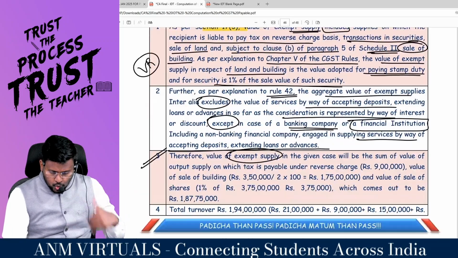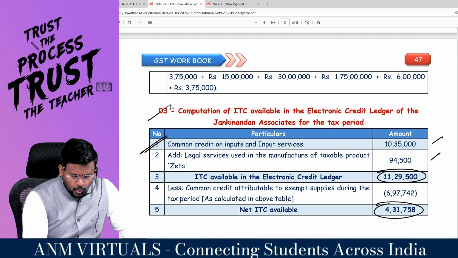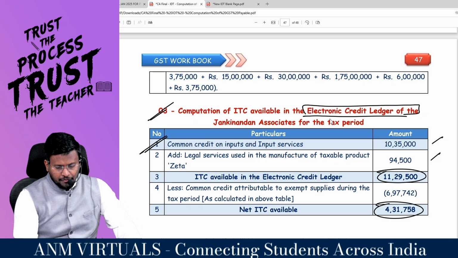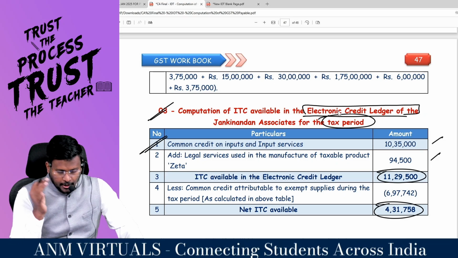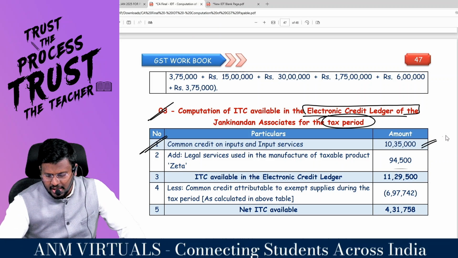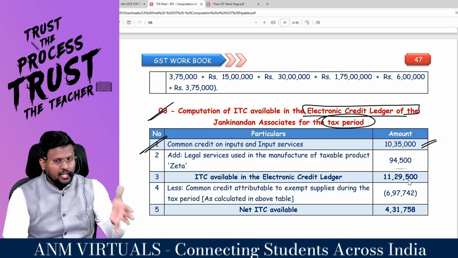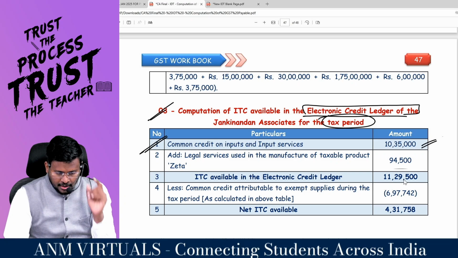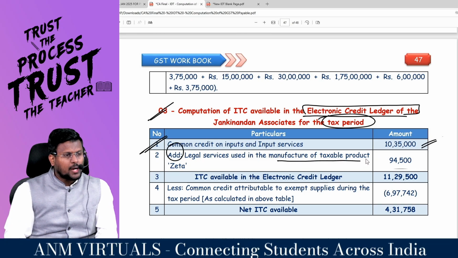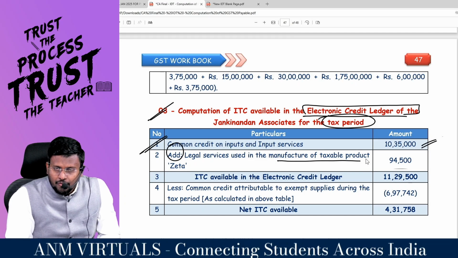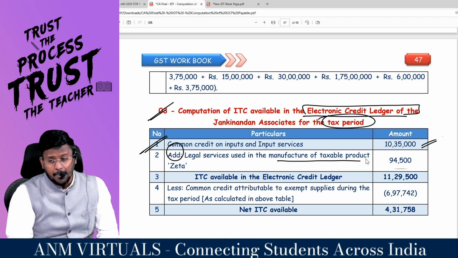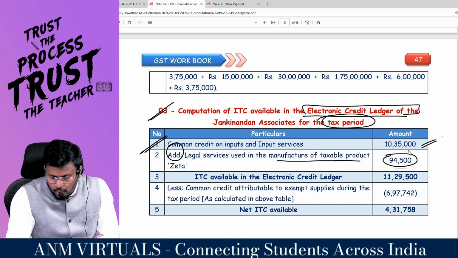Comfortable, sir? So you tell me the computation of ITC available in the electronic credit ledger of J Associates for the tax period. What is the common credit on inputs and input services? 10 lakh. This is the common credit, just now we found out. Add legal services used in the manufacture of which product? Taxable product, Zeta. For this legal service, you would have paid tax under RCM. This can be taken as ITC, which comes to 94,000.